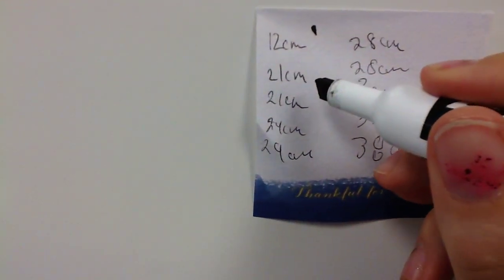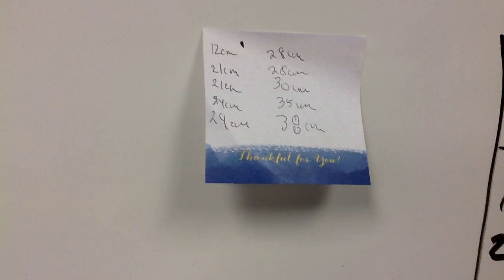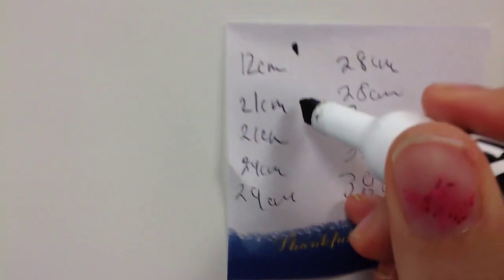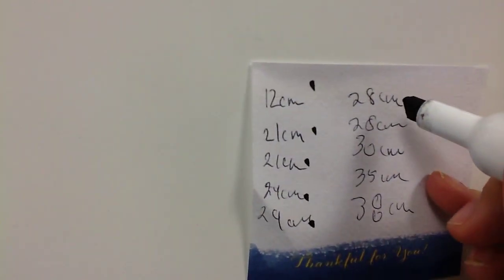So let's look at the information. So we've got 1 from 10 to 20. 20 to 30, let's see, we have 1, 2, 3, 4, 5, 6.